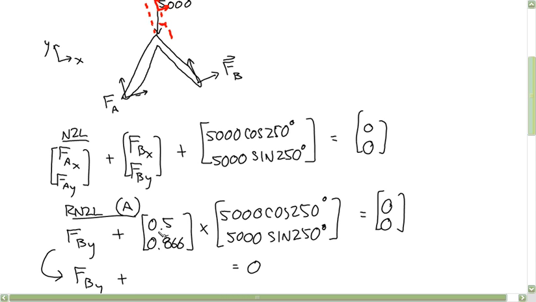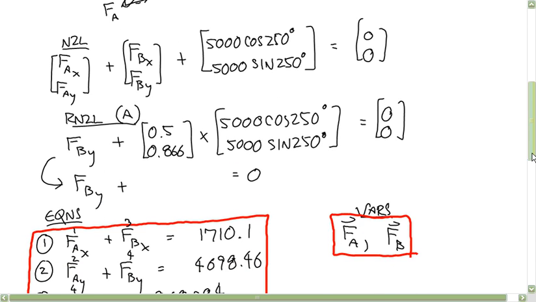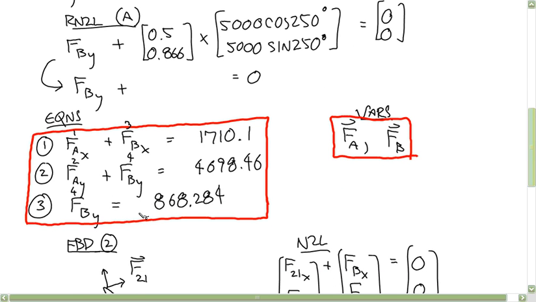And that vector is 0.5, 0.866. So if you take that cross product, this minus this, this isn't zero here. And so this is the equation I get from the moment equation.